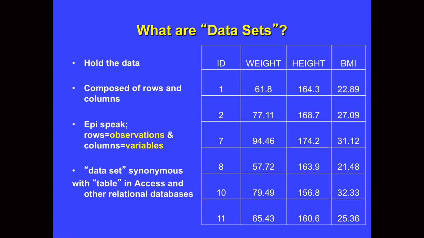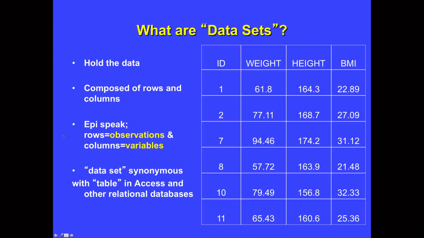And this is just a visual representation of what a data set looks like. But this is very similar to an Access table or an Excel table. You might be quite familiar with those. And it's really no different in SAS. Data sets are simply the structure that holds the data. They're composed of rows and columns.